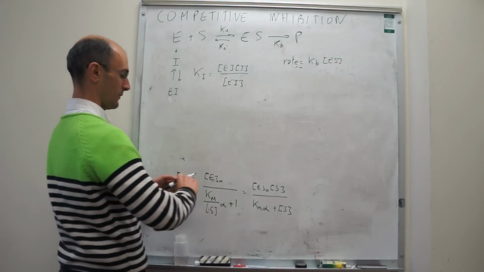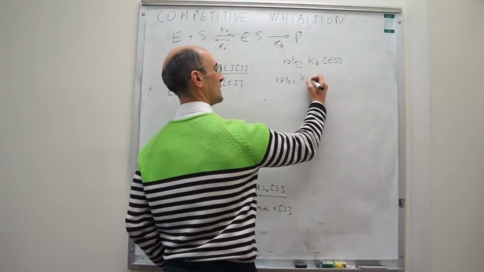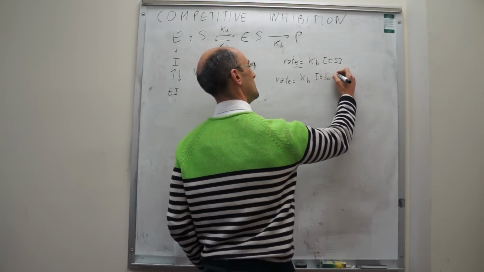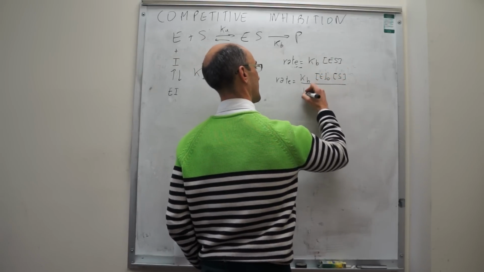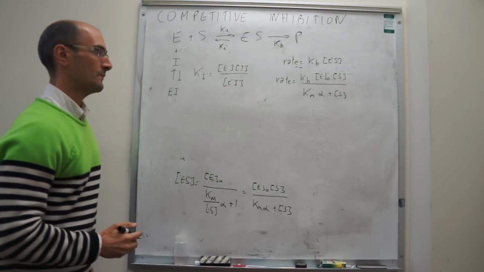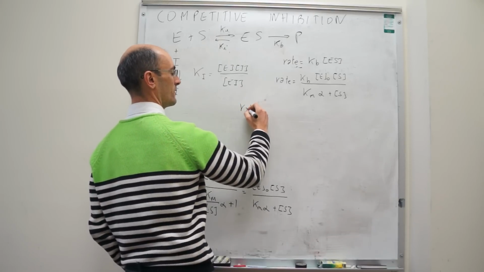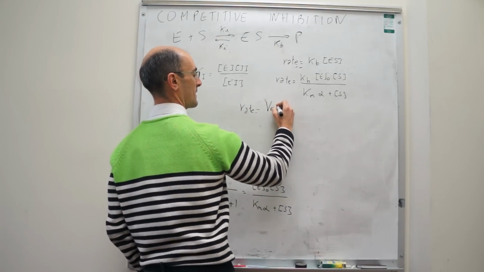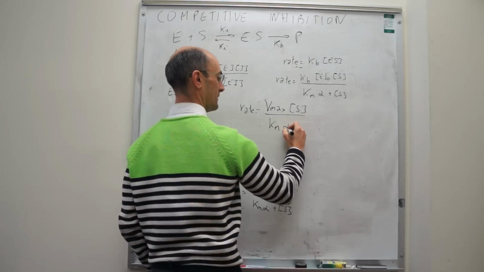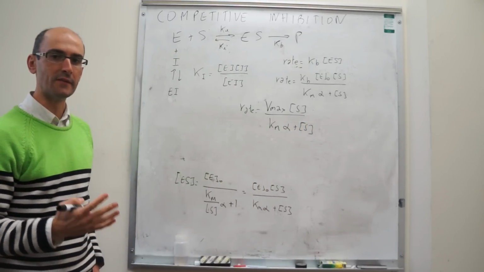We just proceed with this and say that rate is going to be equal to K sub B times that stuff, which is concentration of E at time 0 times concentration of S over K sub M alpha plus concentration of S. Noticing that that is simply Vmax, we can write here the final expression for the rate law. Vmax concentration of S over K sub M alpha plus concentration of S. And this is the rate law for competitive inhibition.